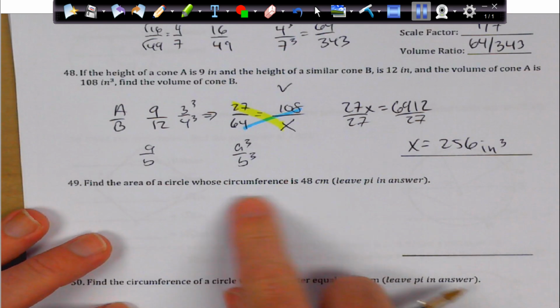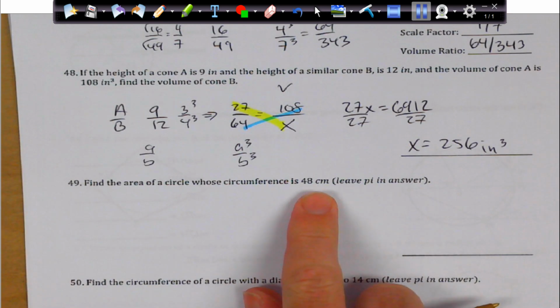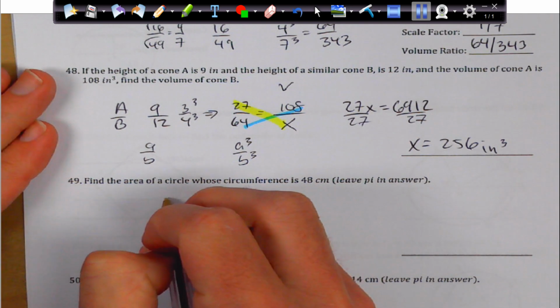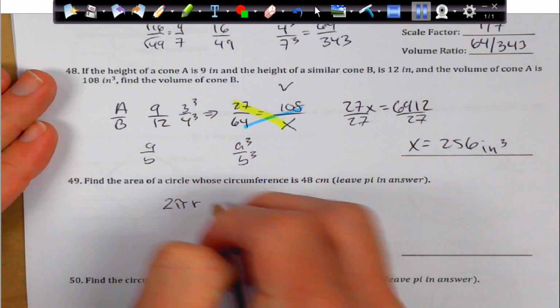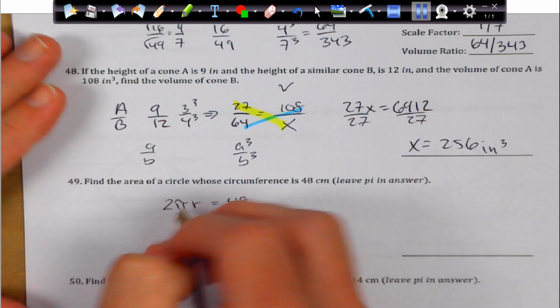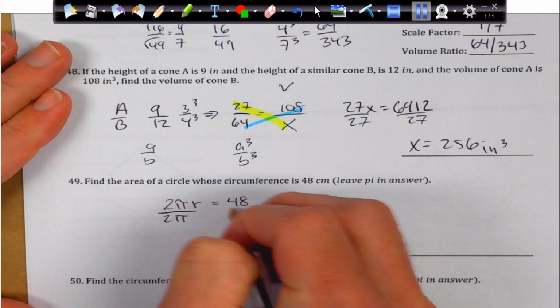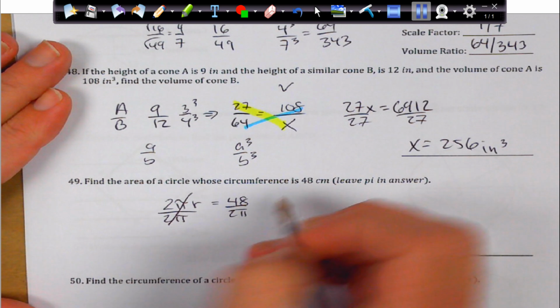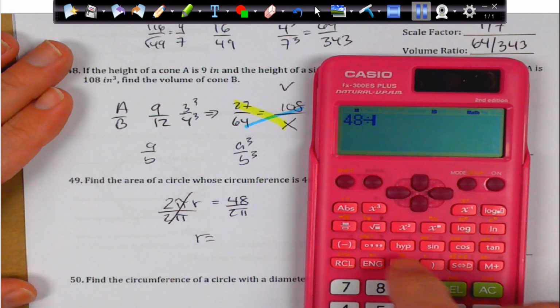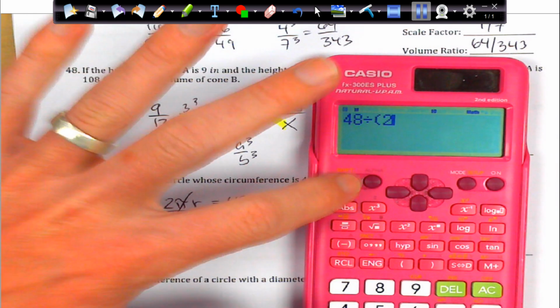Find the area of a circle whose circumference is 48 pi. Okay. Well, circumference is 2 pi r, and it's equal to 48. So we just divide by 2 pi. That would cancel, so r is going to equal 48 divided by 2 pi.